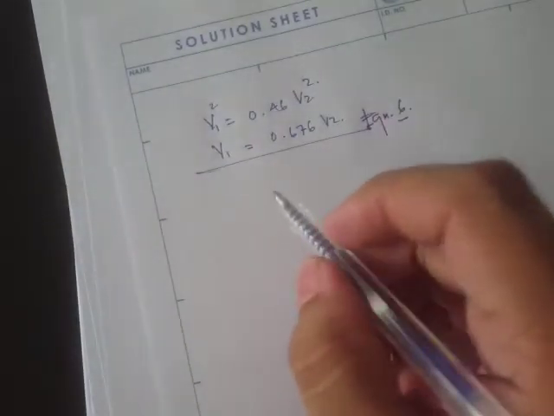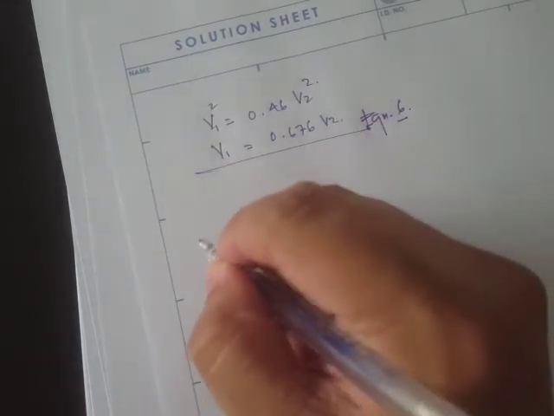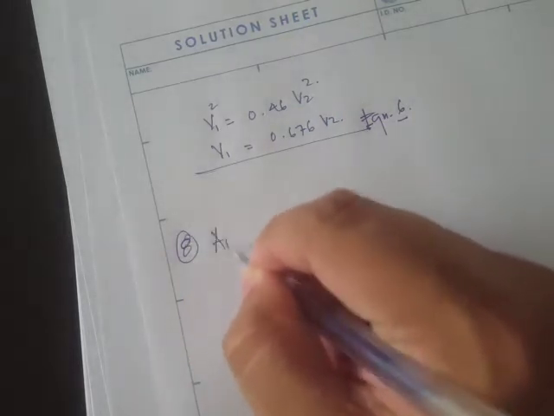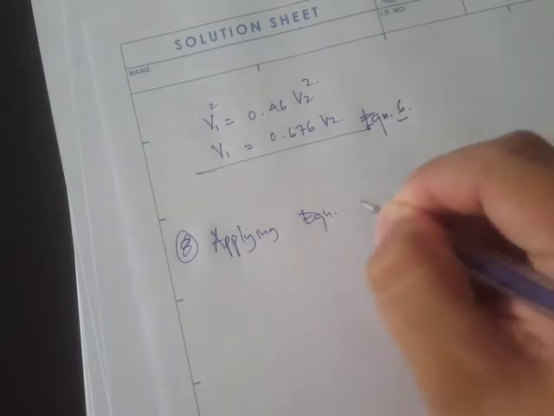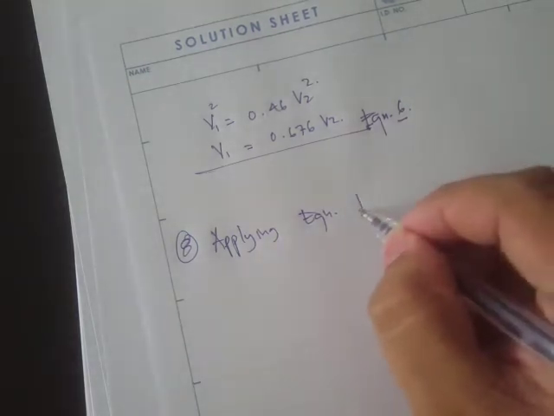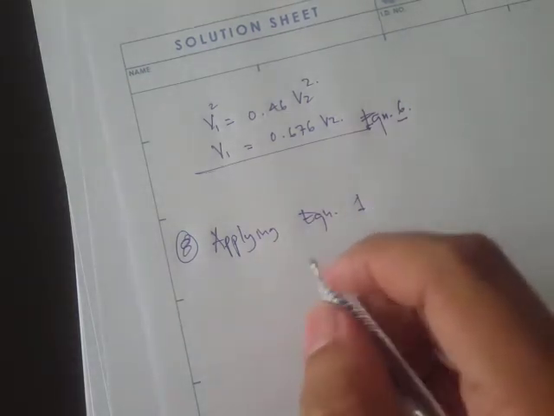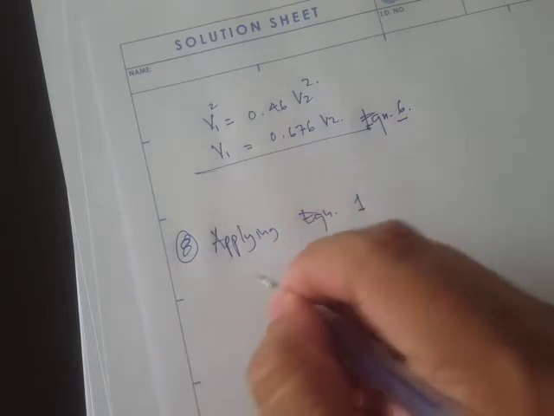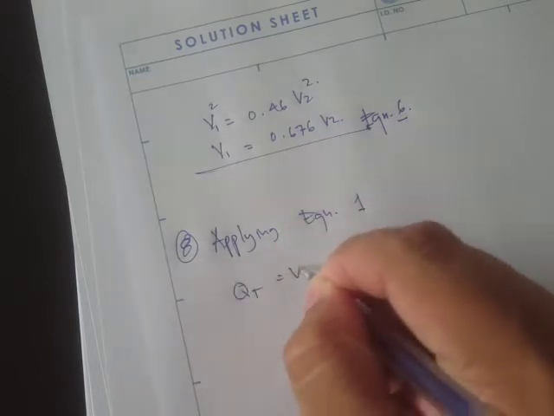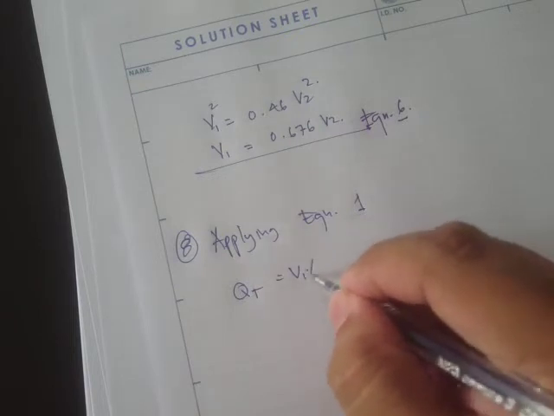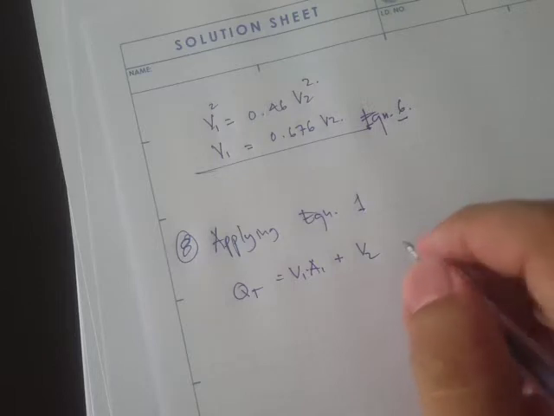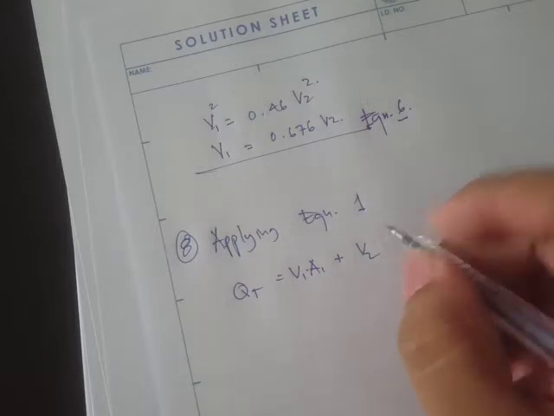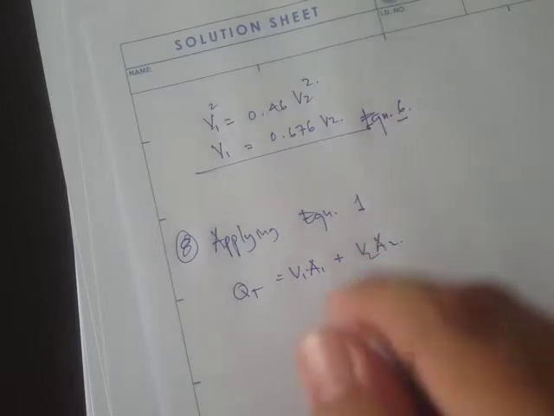Okay, now since we have this relation, we can solve by applying equation 1. Q total is just equal to v sub 1 times the area of pipe 1 plus the velocity at pipe 2 times the area at pipe 2.